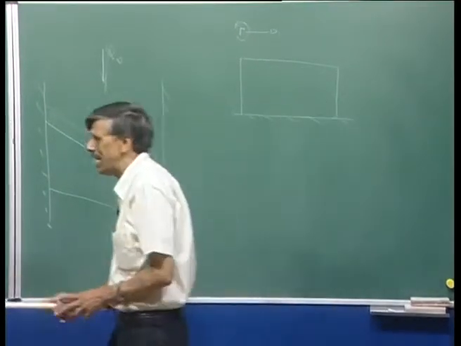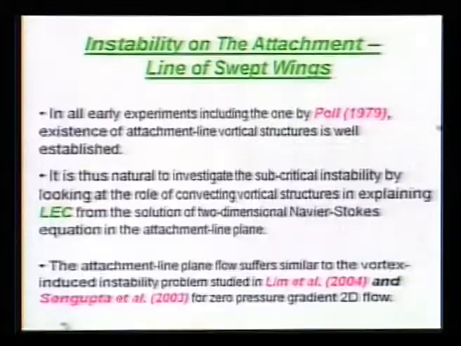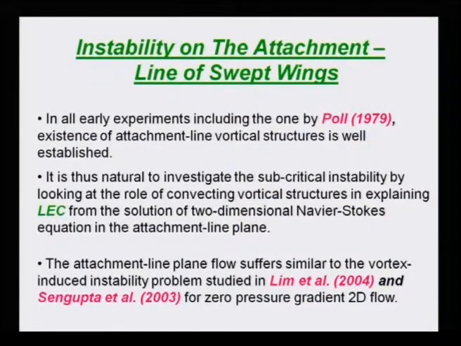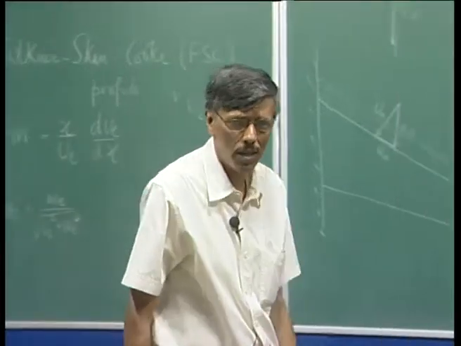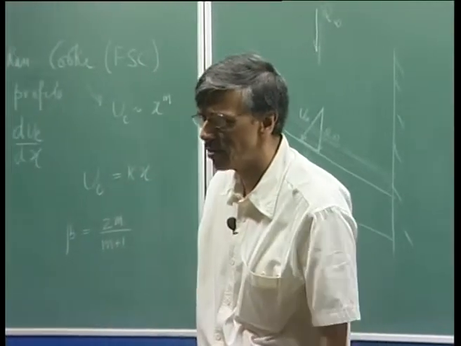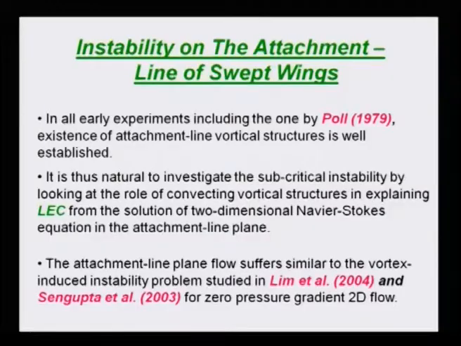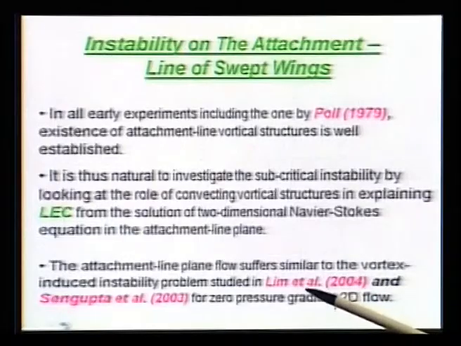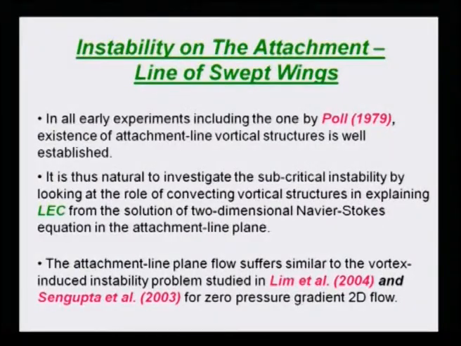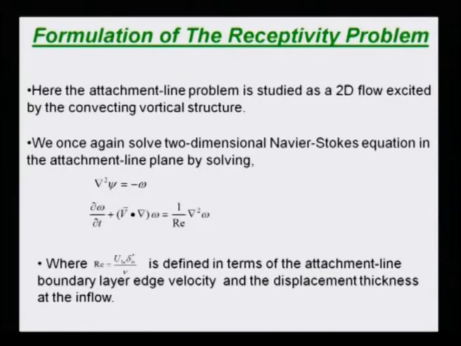That is what the experimental observations of Poll, Pfenninger, Arnal and others have reported: the existence of convecting vortices in the attachment line plane. So, we follow the same thing that we have talked about just now. In fact, we are discussing this attachment line instability as an example of that vortex induced instability. So, that is the whole idea.